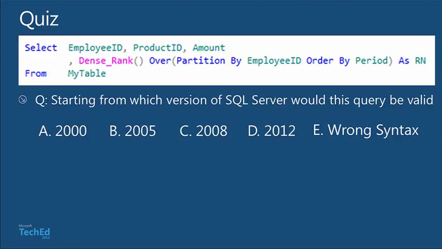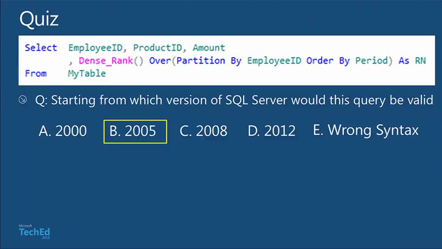Okay, who said 2005? I think I saw that gentleman start first. So, the answer is indeed 2005. Thank you. It seems very simple. It seems you guys all know it very well.